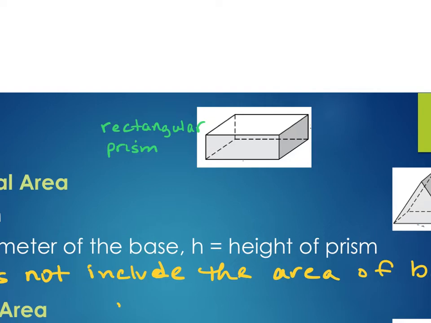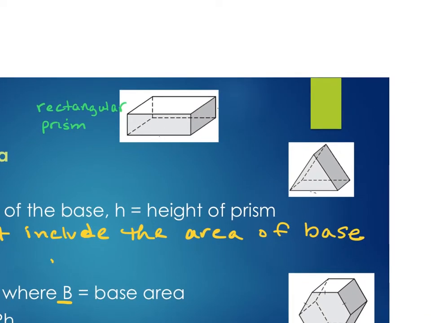You can either do the top and the bottom, the front and the back, or the left side and the right side. And then after that, the other rectangles will be the lateral faces. So here we could say the top and the bottom could be your bases, and then the left, the right, the front, and the back would be the lateral faces.